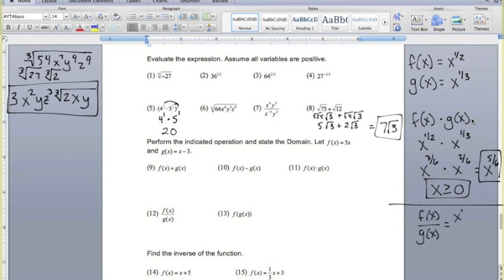So it'd be x to the 1/2 divided by x to the 1/3. What do we do with powers when we're dividing? Subtract them. So we're going to have, again, a common denominator, 3/6 and 2/6. And when we subtract them, then we get x to the 1/6.